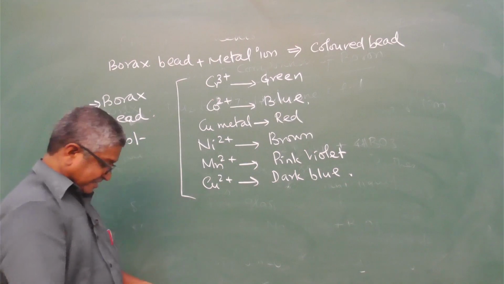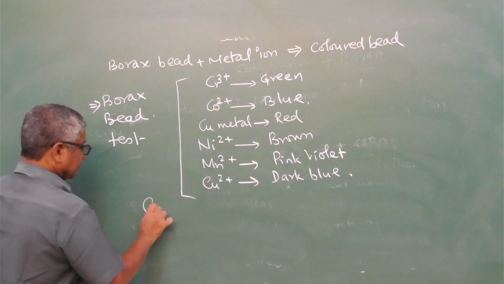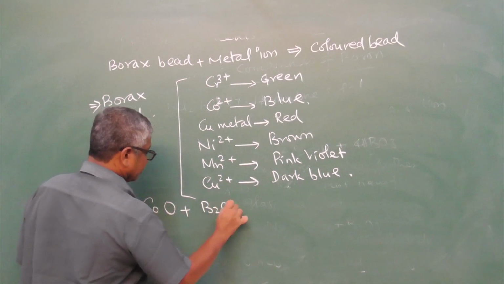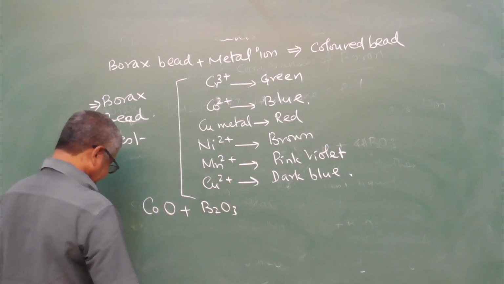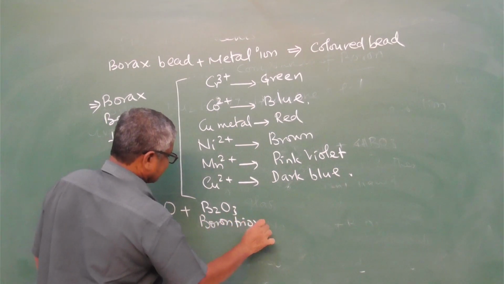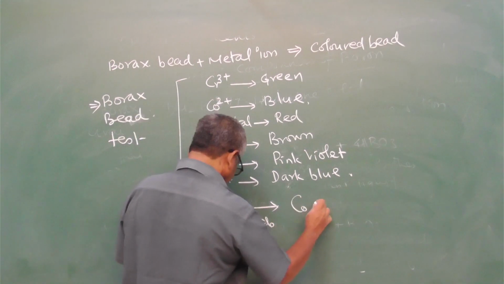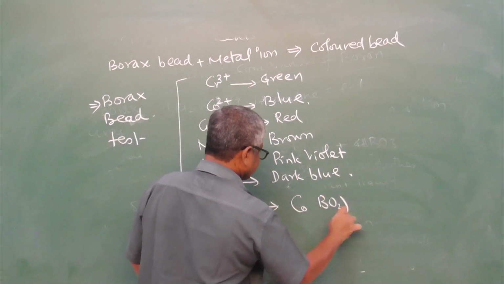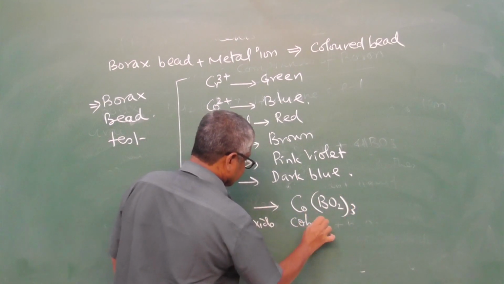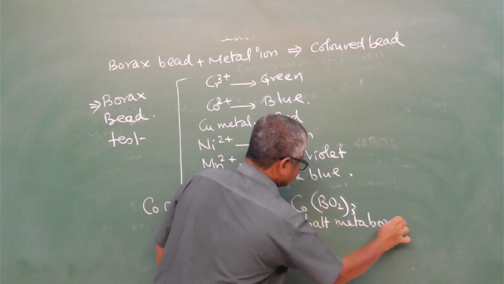In the borax bead test, one example: suppose cobalt oxide is treated with B2O3, boron trioxide, it gives cobalt metaborate, Co(BO2)2.